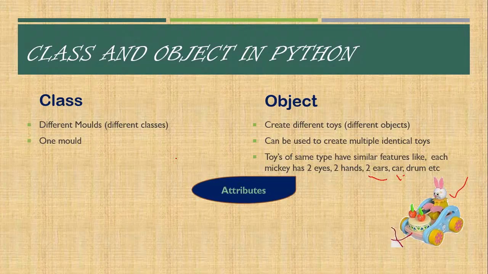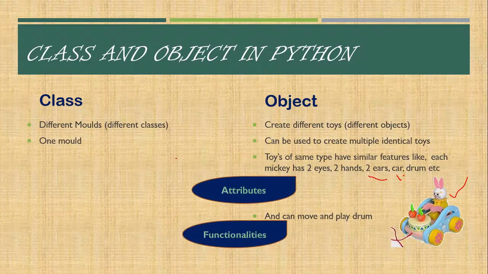So what we can see is that there are two main things in any object. The first thing is the attributes: for a particular object we have different features, and all those features are its attributes.